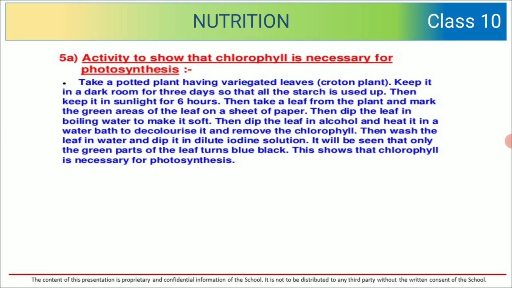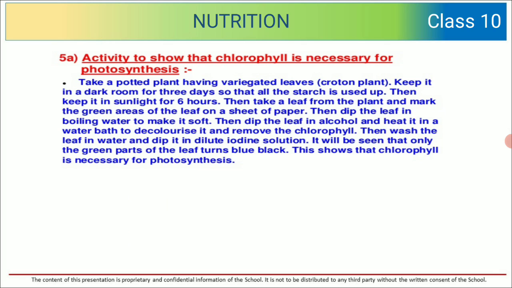Then dip the leaf in boiling water to make it soft. Then dip the leaf in alcohol and heat it in a water bath to decolorize it and remove the chlorophyll. Then wash the leaf in water.